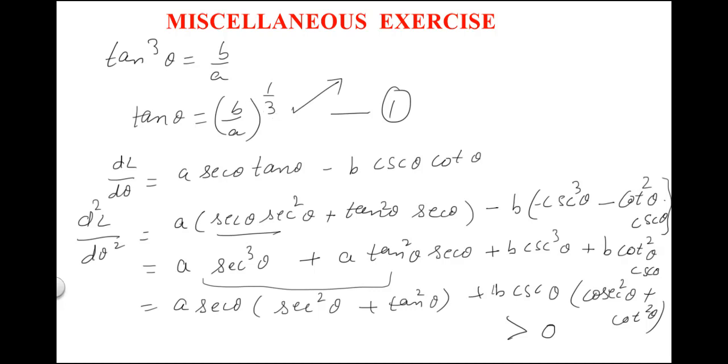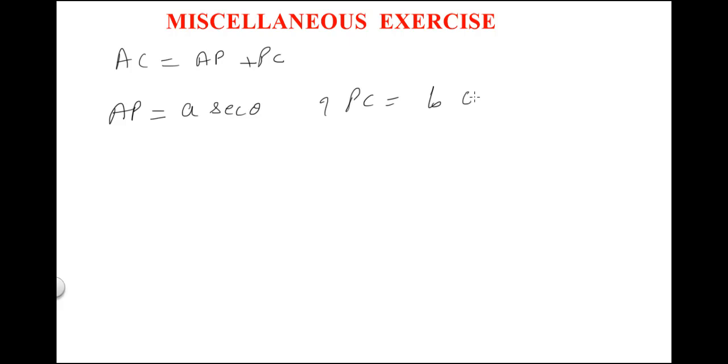Now we have to find out the minimum hypotenuse. So finding out the hypotenuse, it was AC equal to AP plus PC, where AP was equal to a secant theta and PC was equal to b cosec theta. Now we know the value of tan theta, which is b divided by a whole to the power 1 divided by 3.